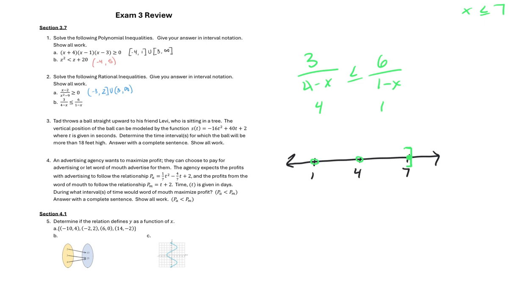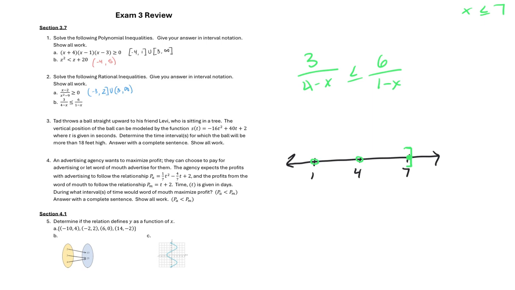So now we want to check our intervals. So let's find a number between 4 and 7, something like 5. And let's check to see if this will follow our condition. If we have 5 in this first fraction, we'll have 4 minus 5, which is negative 1.